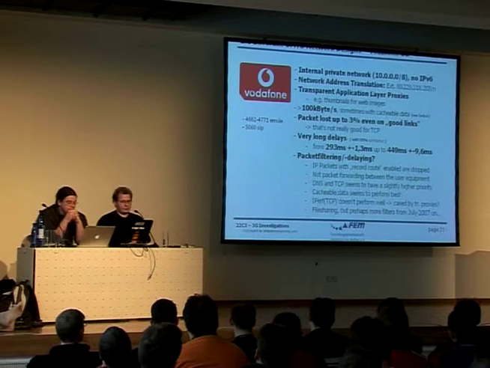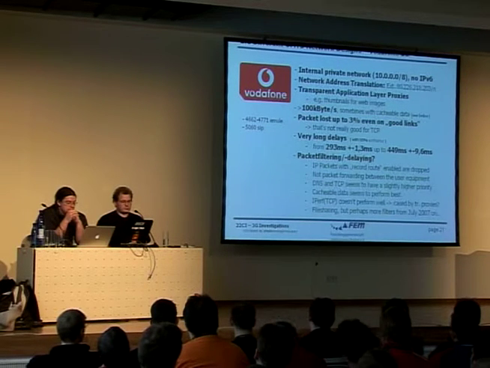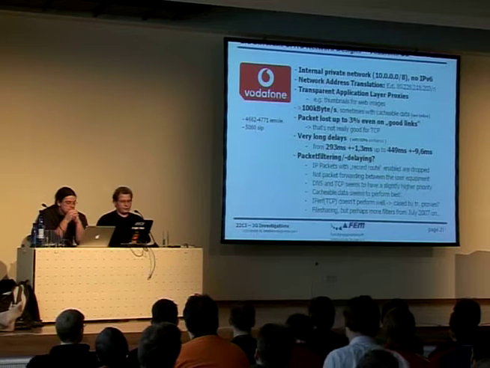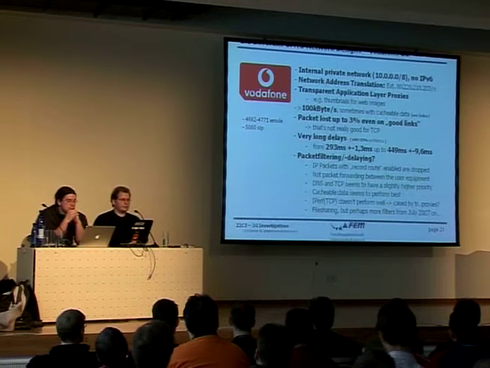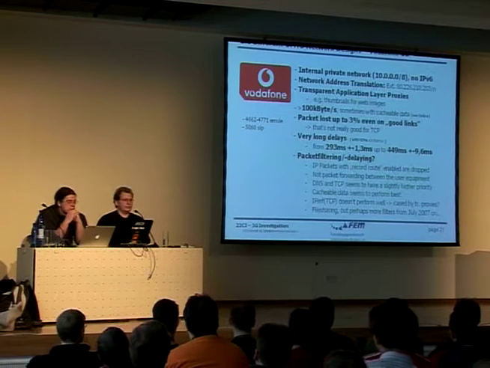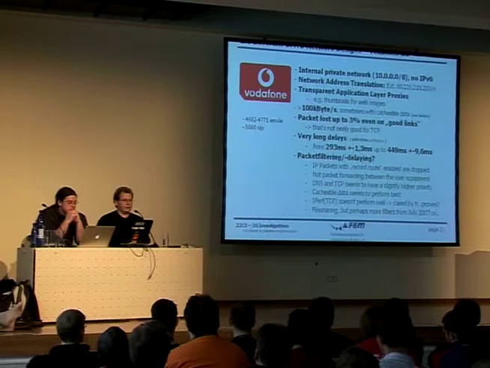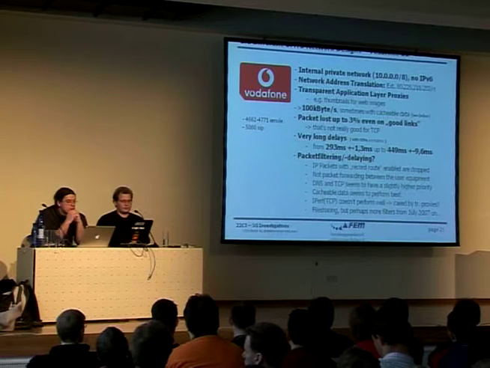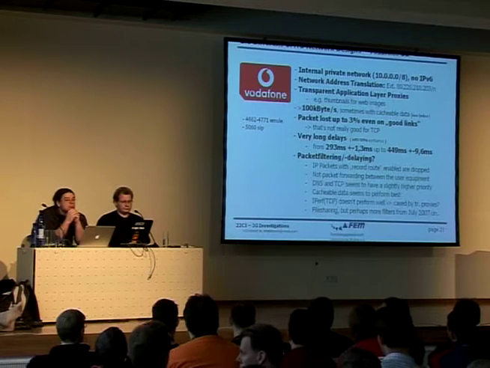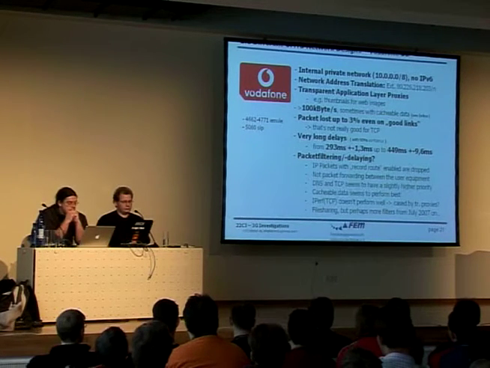IP packets with the record route option enabled are dropped. There is no packet forwarding between the user equipment, which we did not really expect that they would allow us to communicate between the devices. But, well, could be fun if they would.